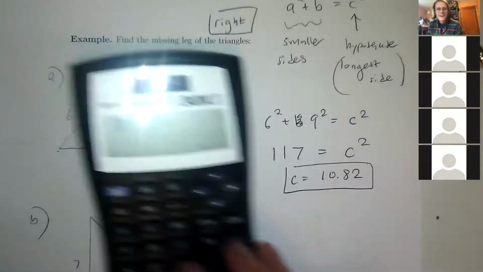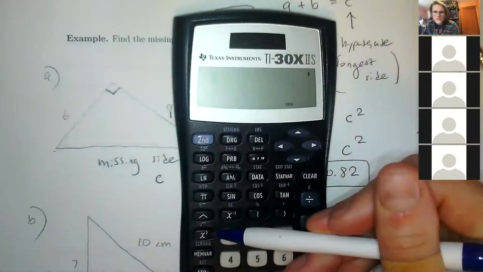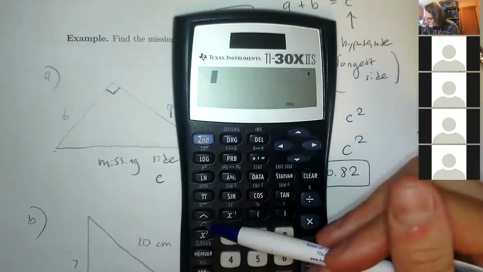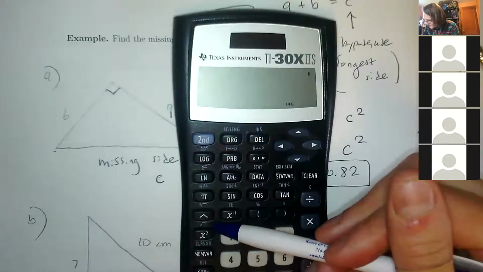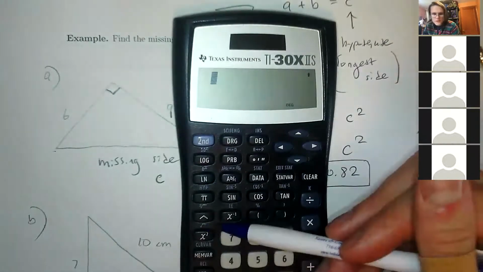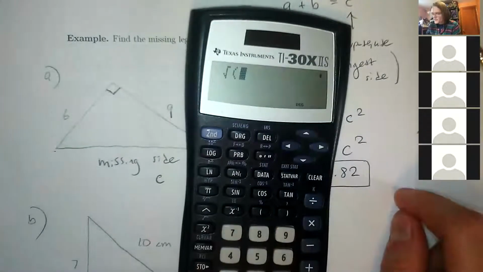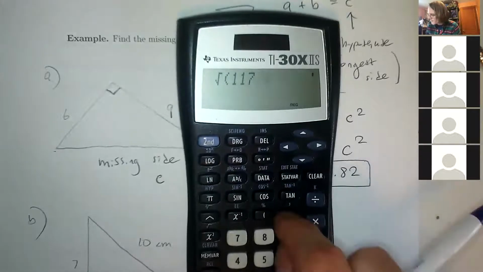All right. So on this one, you probably have an x squared button. And so what you'll do is you'll press the second button, because if you look above this x squared button, it's like a little square root symbol up there. Yep. You can kind of just see it. So you press second, x squared, and then put in 117. Okay, yeah, I put the number in first.